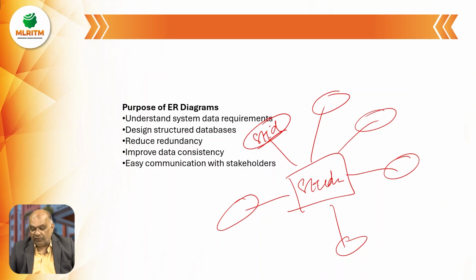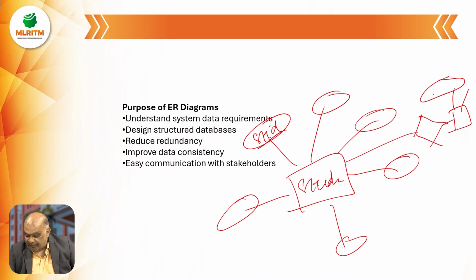We reduce the redundancy by specifying the relation between the two entities, and this entity also has some. Suppose this is a faculty, the faculty ID is a primary key. So we have two primary keys. Whenever we have primary keys, that particular entity maintains the data consistency, and we are reducing the redundancy.